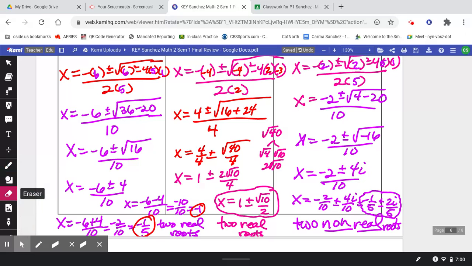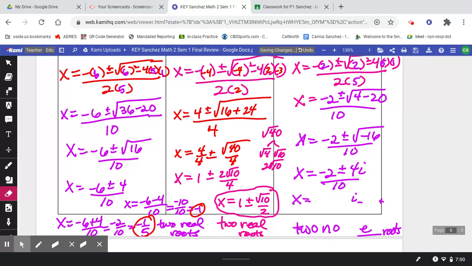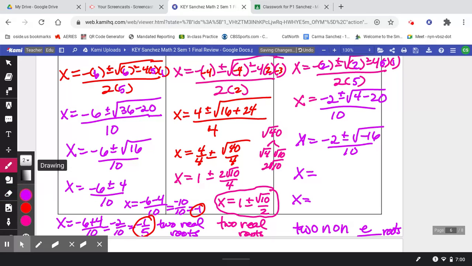I feel like going back a second on this one, like you're all going to need it. Let me show you one more time what happened here. Okay, so was everybody okay up until the negative 16 as the discriminant? So we immediately notice that we're going to be getting 2 non-real roots, 2 imaginary roots. So the square root of negative 16 is the square root of negative 1 times the positive square root of 16, or 4i.